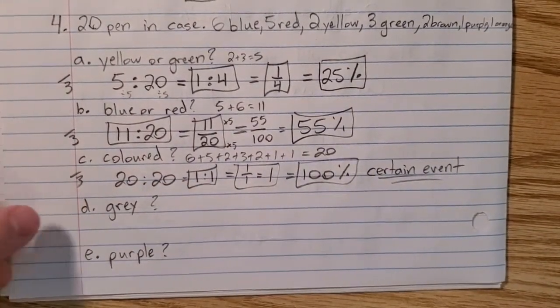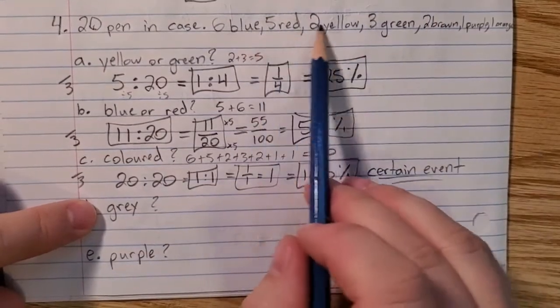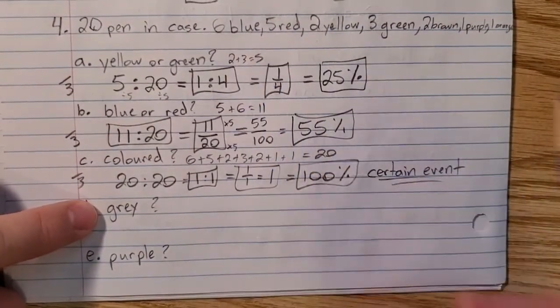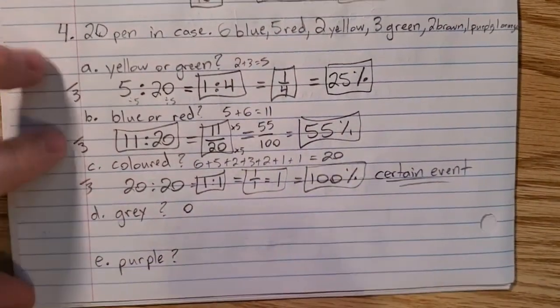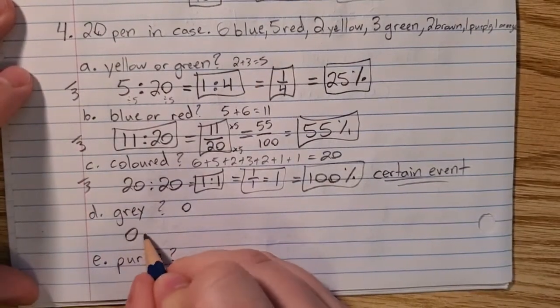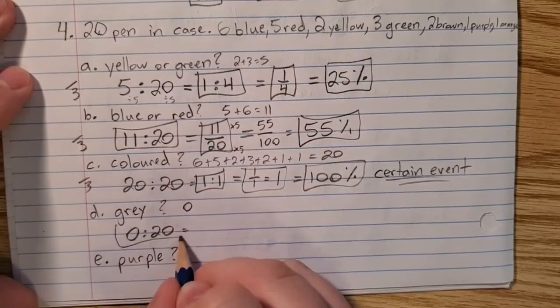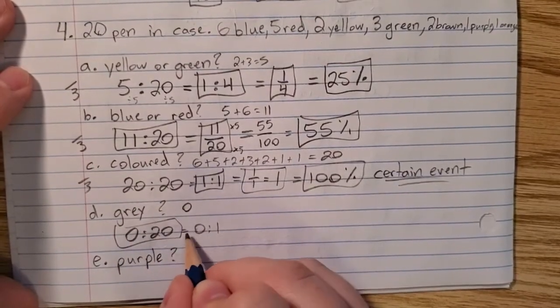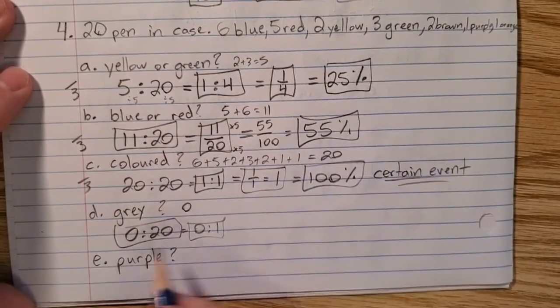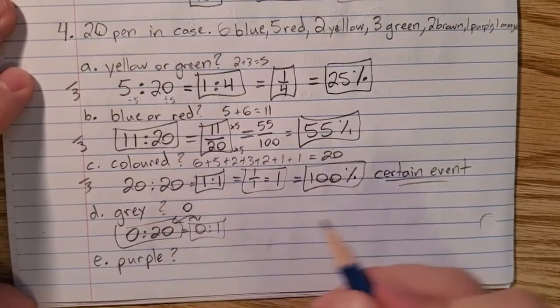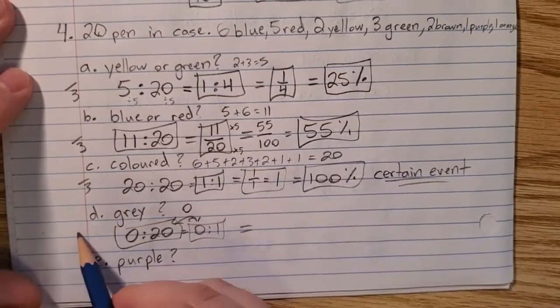Okay. What about gray? If you look here, is there gray? Is gray an option? No, gray is not an option. There are 0 chances of it being gray. So it's a 0-to-20 ratio, which is also known as a 0-to-1 ratio. Either of those, either or, would work for one of your marks.